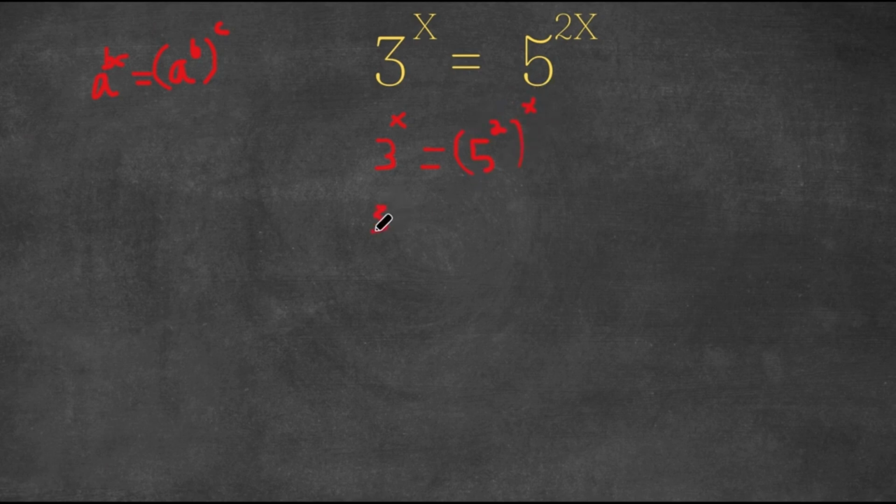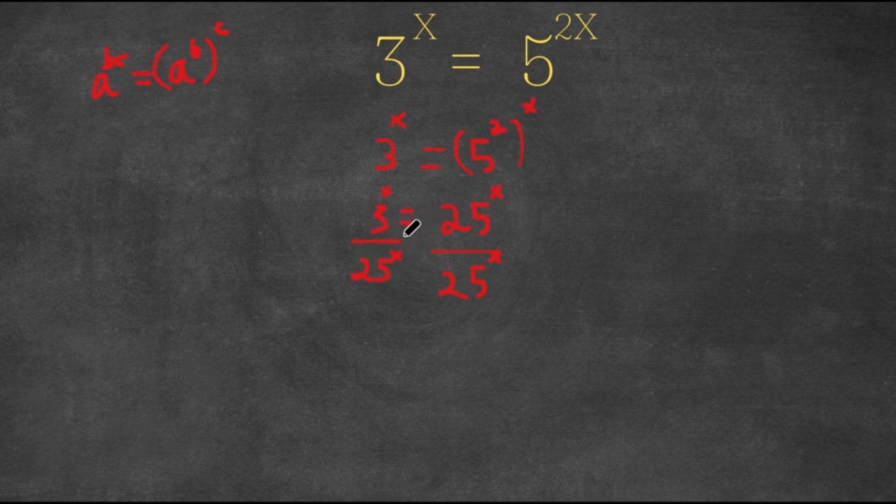So this is 3 to the power of x equals 25 to the power of x. Now we're going to divide by 25 to the power of x on both sides. And remember, what we do on one side, we do on the other side.